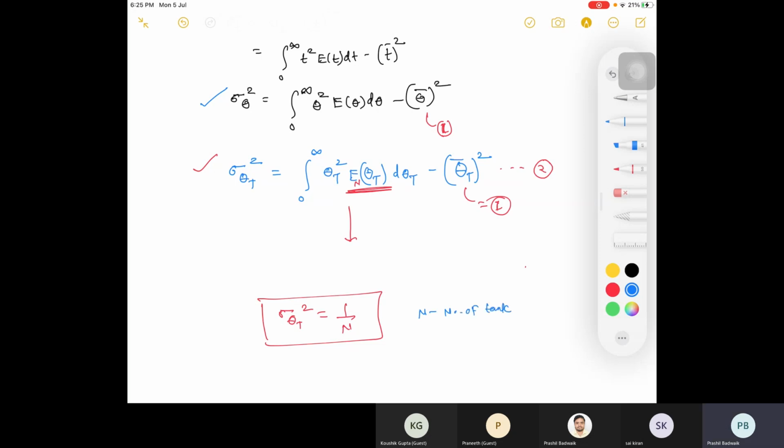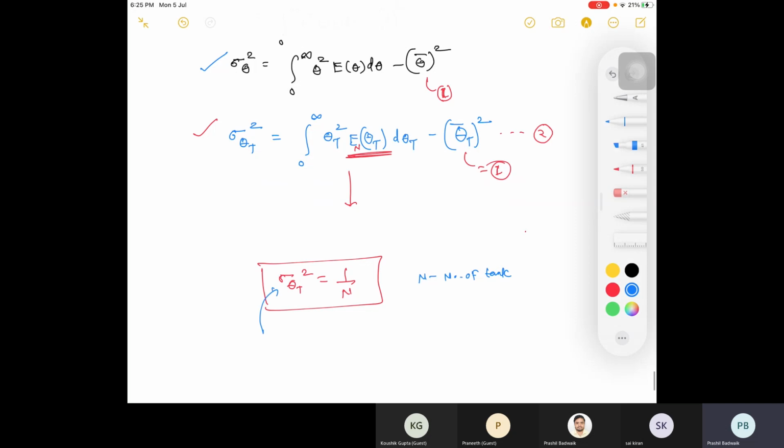So every system has its sigma theta. Do you agree with this? Any arrangement, suppose I'm writing PFR by PFR or PFR by CSTR, any system, will that system have a particular sigma theta? Yes or no? For a system, for an arrangement, it will.